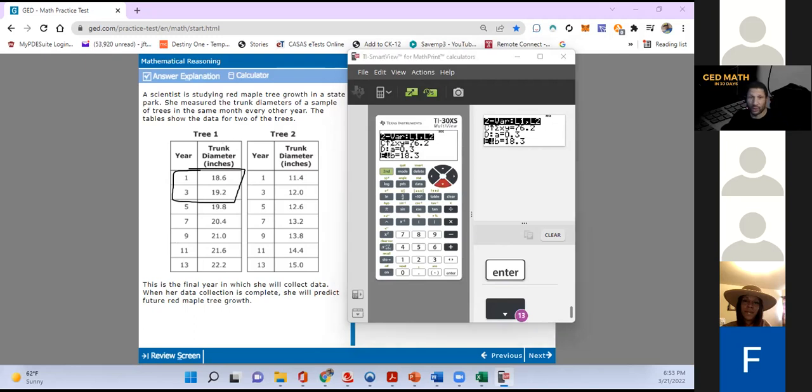It gives you your y-intercept and your slope right there. That's my slope. That's my y-intercept. Now, you have to know y equals mx plus b. So instead of m, I put 0.3, and instead of b, I put 18.3. That took 15 seconds, instead of 5 to 10 minutes.